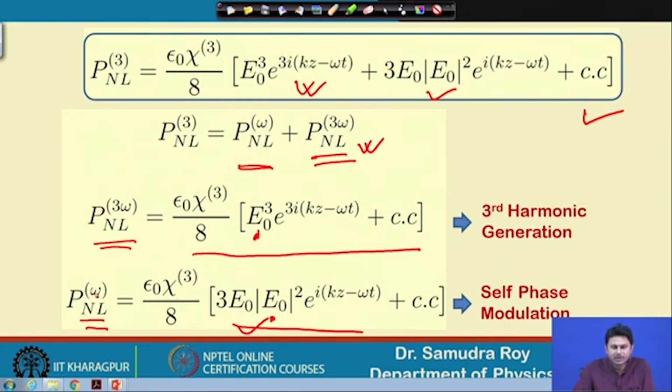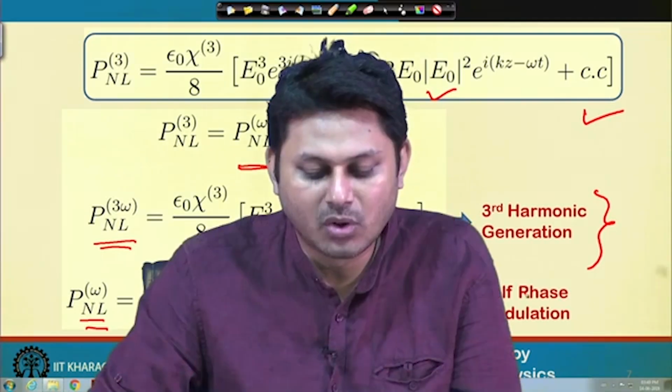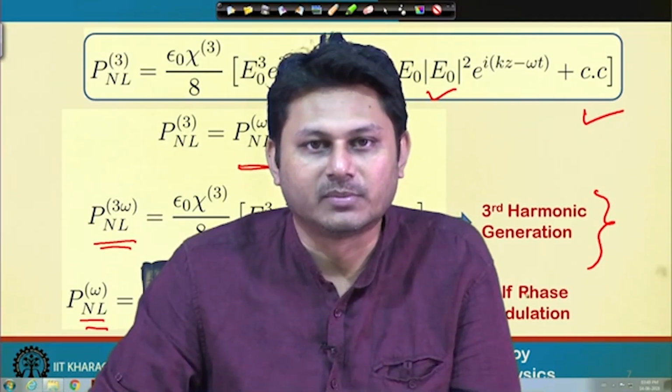So, the polarization component that is now vibrating with the frequency 3 omega is going to generate the third harmonic, because in the second harmonic generation case exactly the similar phenomenon was there, and in that case the nonlinear polarization was proportional to the E square term, and as a result we got a frequency component 2 omega.